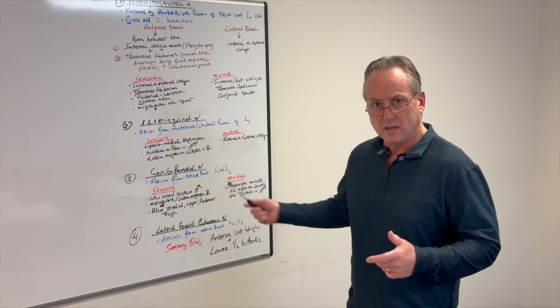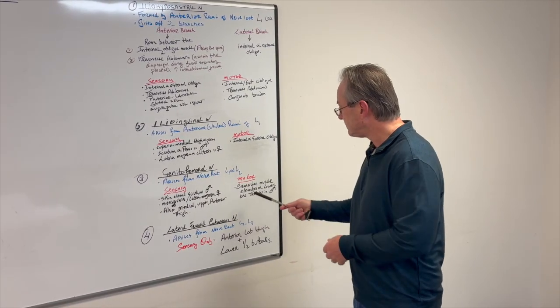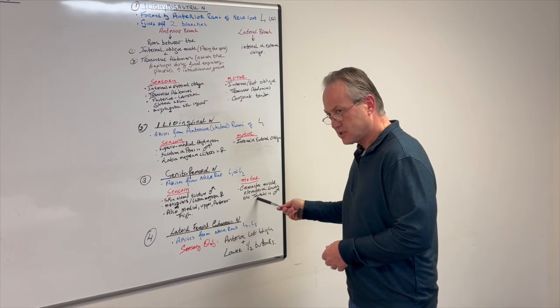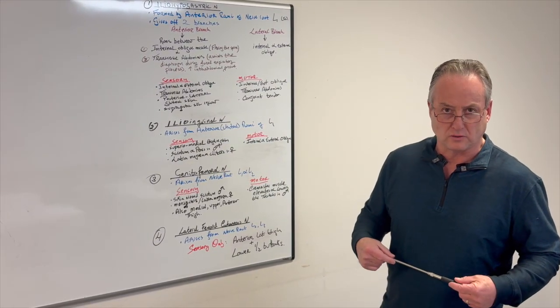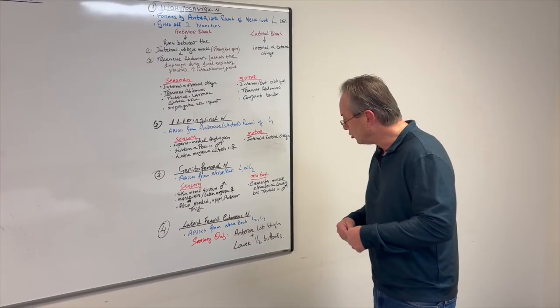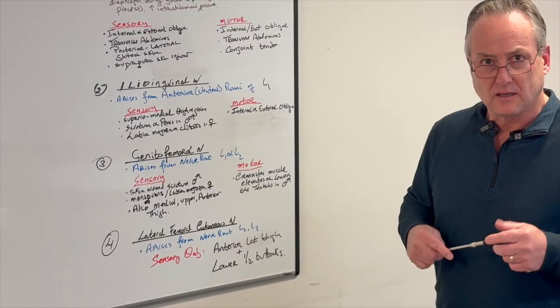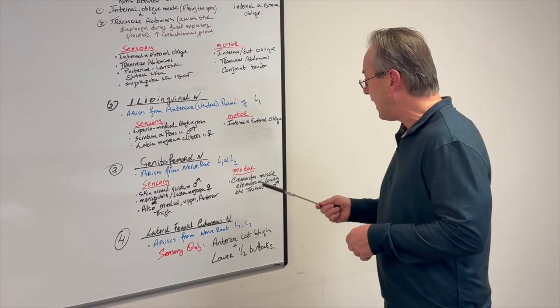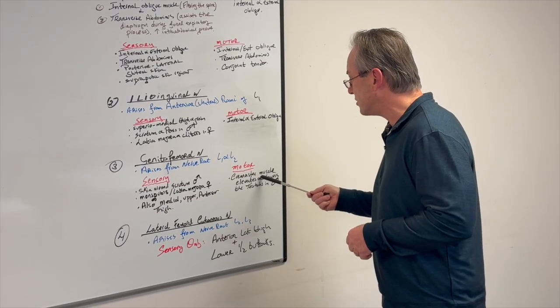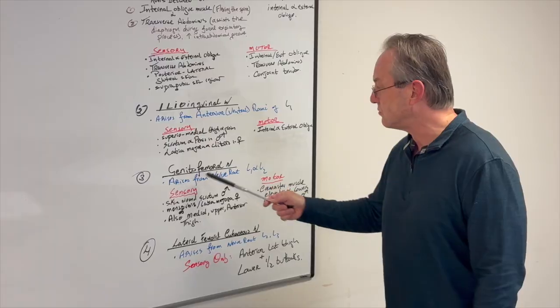It can elevate the testicles in fight or flight, and also with very cold weather. When the weather is very cold, testicles like to be elevated, where it's a little bit more toasty in the lower abdominal cavity. That is the cremaster muscle. So that's motor function of the genitofemoral nerve.